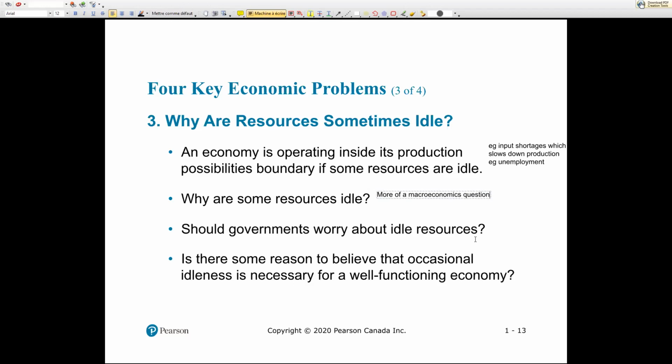So should government worry about idle resources? Sure. Can we say that the resources are idle because of the lack of goods, or the unemployment rate is at its peak, such as when the economy goes through recession, for instance?